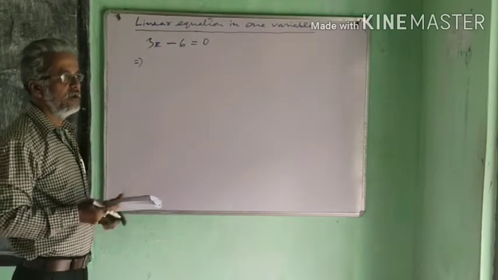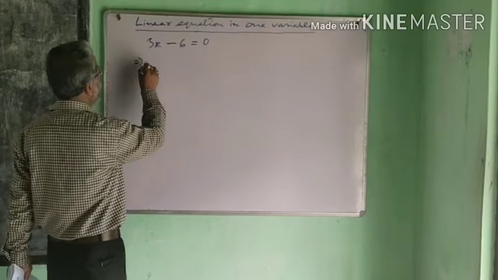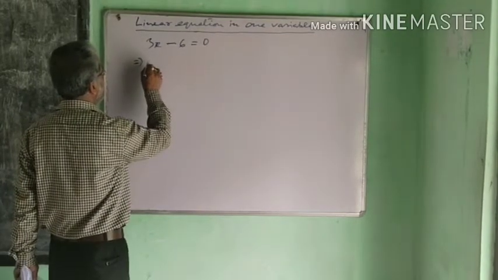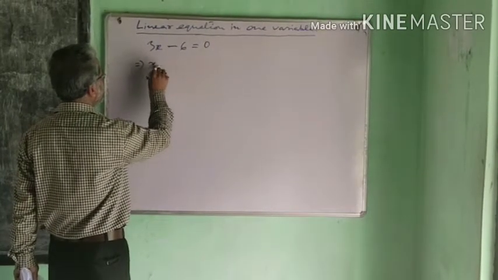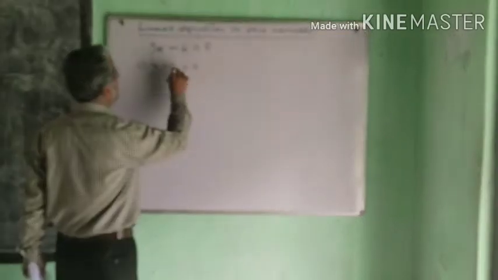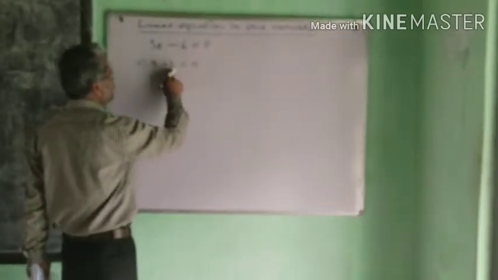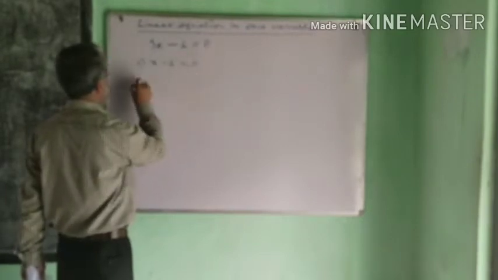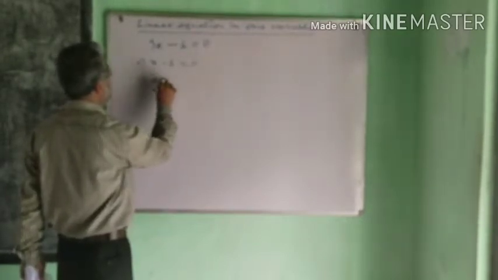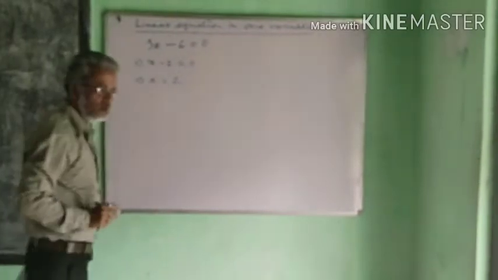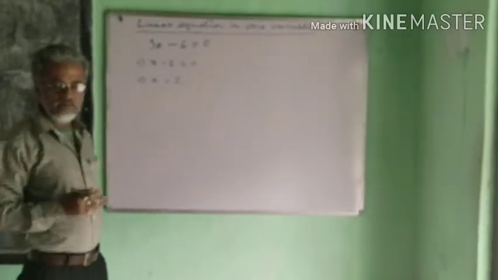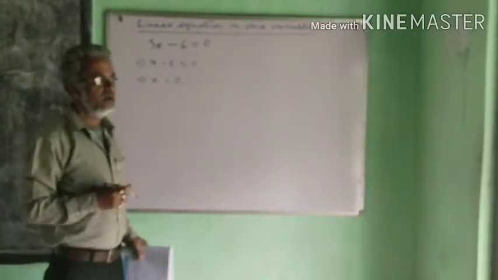Since it is one variable, we can divide this equation by 3, and we get x minus 2 is equal to 0. Thrice x by 3 is x and minus 6 by 3 is minus 2, 0 divided by 3 is 0. So we get x is equal to 2. In this manner we solve. Already you have learned about all these things.